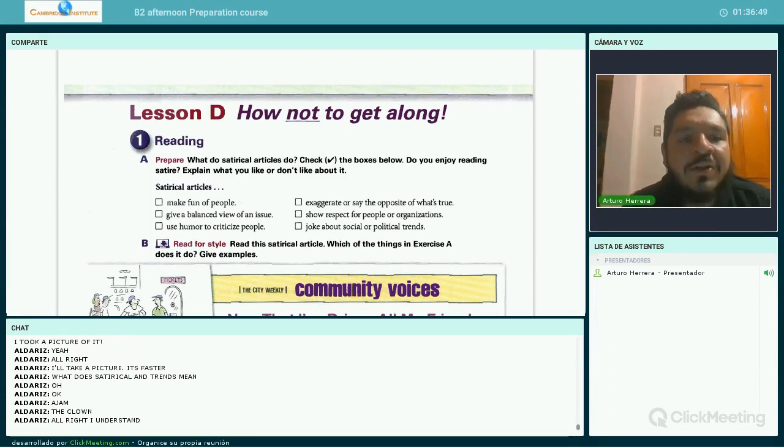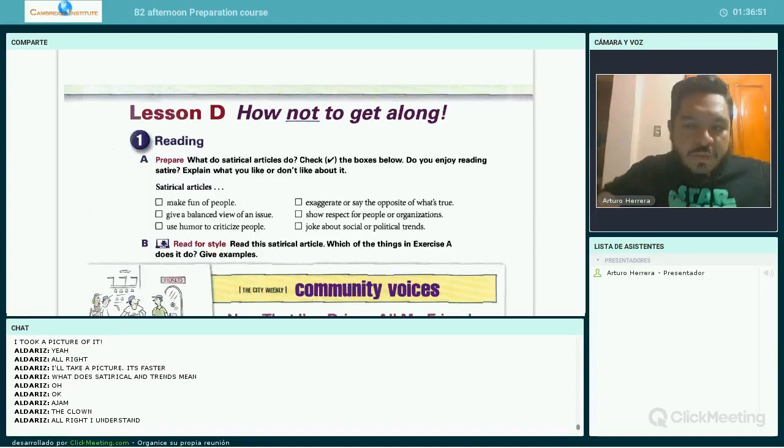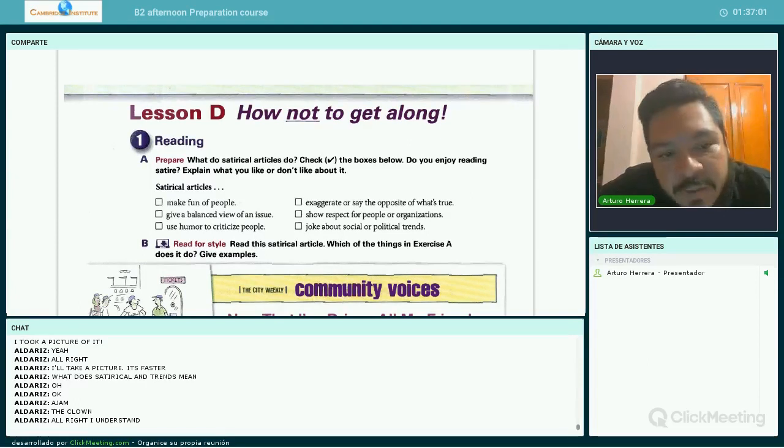All right, good. Look, satirical articles make fun of people, give a balanced view of the issue, use humor to criticize people, exaggerate or say the opposite of what's true, show respect for people or organizations, or talk about social or political trends.